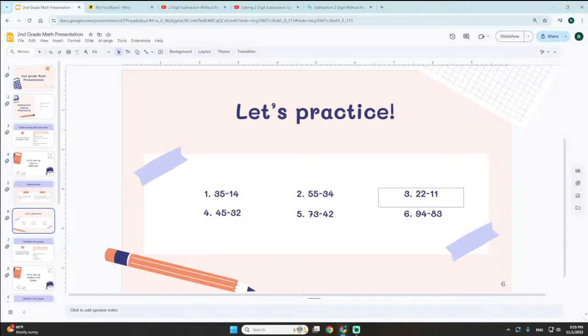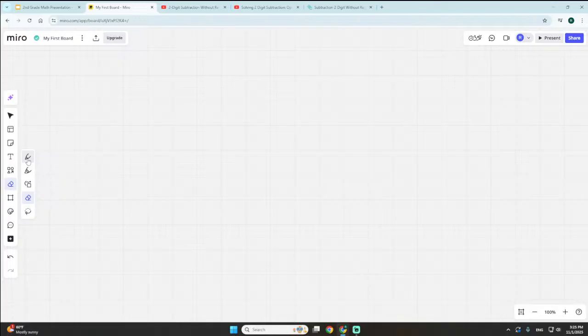Now we go through number 3. 22 minus 11. So I want you guys to try to solve this, and then we'll go over it.